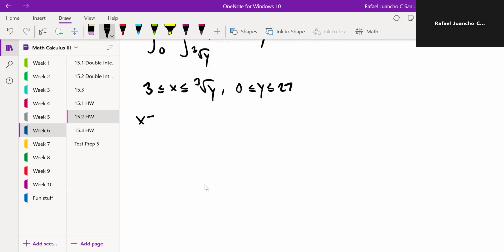And so my x has bounds 3 cube root y, y has 0, y has 27. Now I want to switch the rows of that. This becomes x equals 3. This becomes, what is this? Y to the 1/3-ish, right? What does that look like?